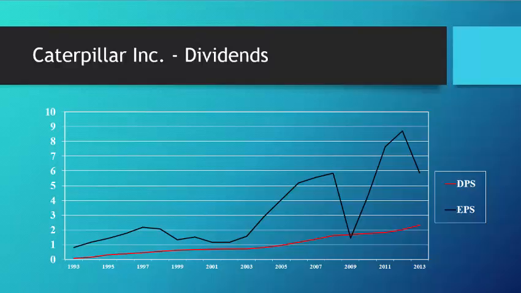In 2013, they paid $2.32 per share per year in dividends, compared to 1993 when they only paid 7.5 cents per share per year in dividends.